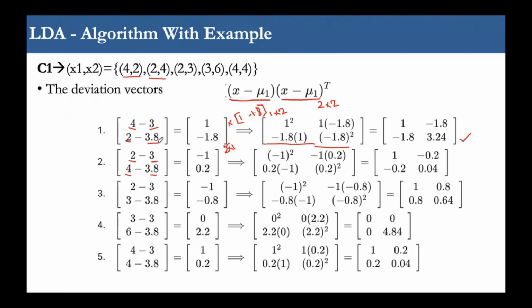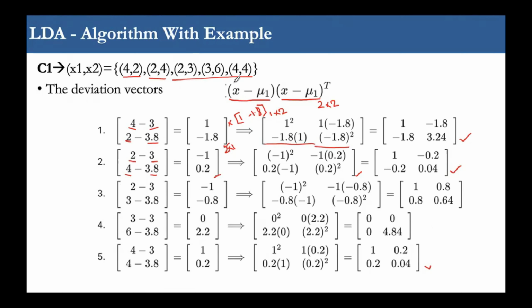We do the subtraction, and we will get x minus mu1, which is minus 1, 0.2. Then we take the transpose and multiply both. We will get this matrix, and by simplification we will get this. Similarly, we will do it for all other data points. Here it is given. You can work it out and check it.